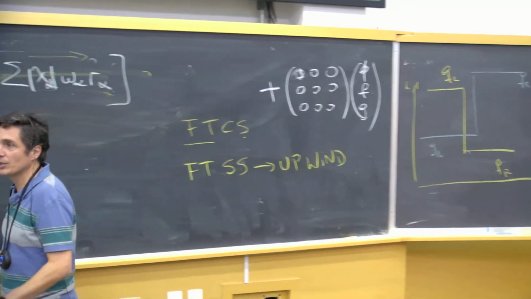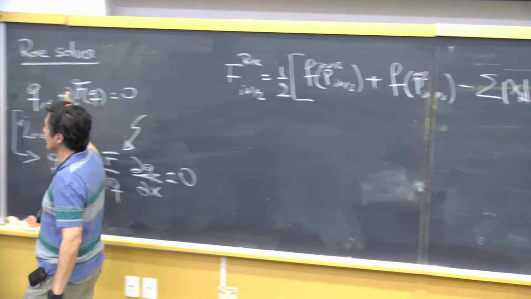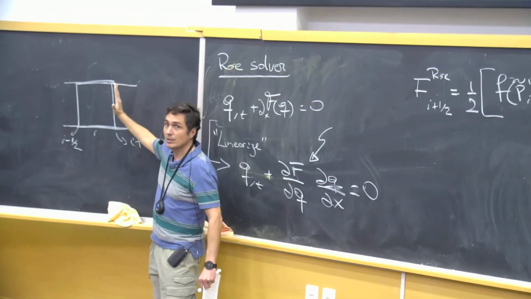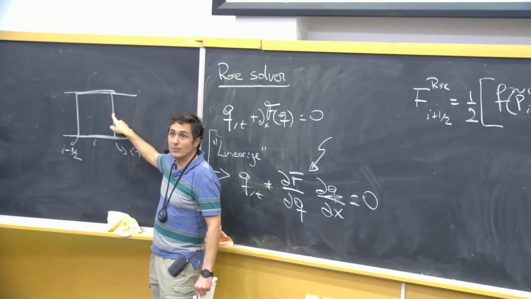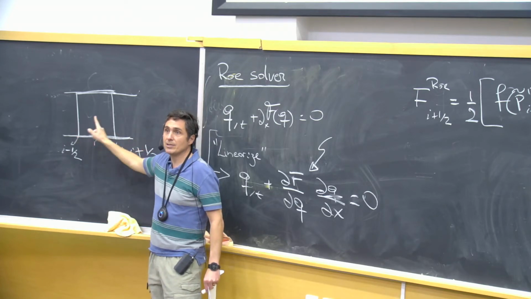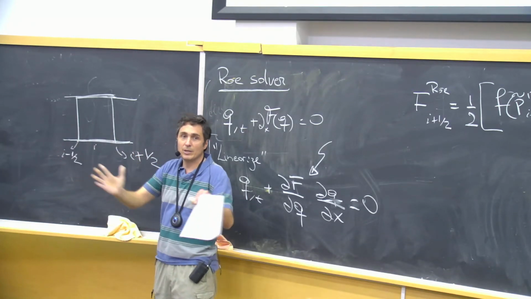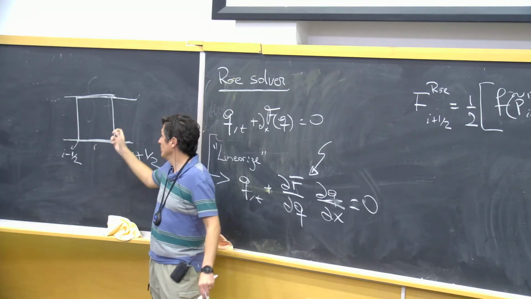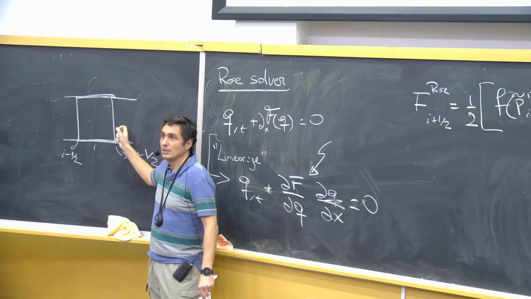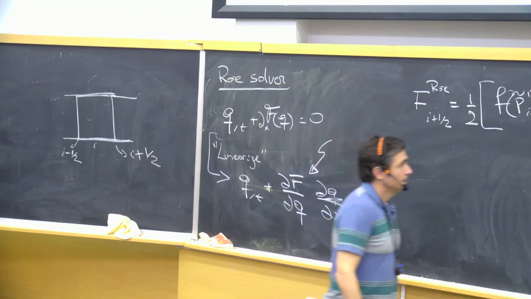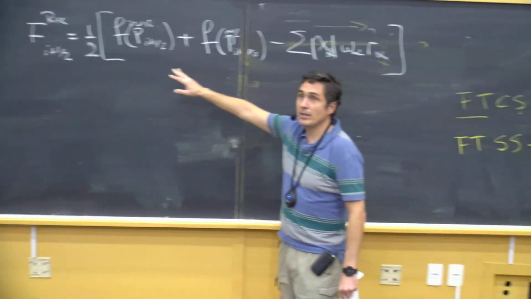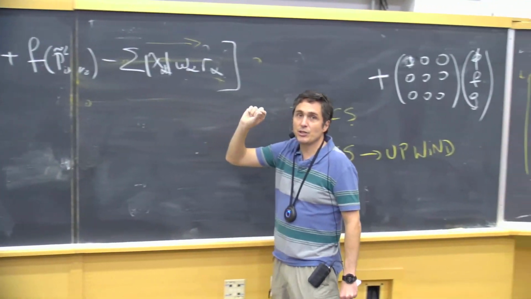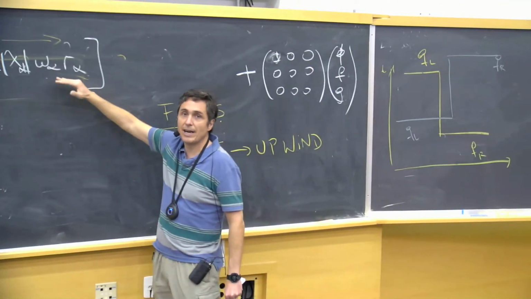Remember, one thing we're trying to worry about is if we have a shock front that's propagating from right to left, we want to get the right quantity here, or vice versa. And if we have a rarefaction where the system is just depleting itself, we also need to react. So this will allow us to evaluate the fluxes and introduce a tiny bit of dissipation along the direction that we need.